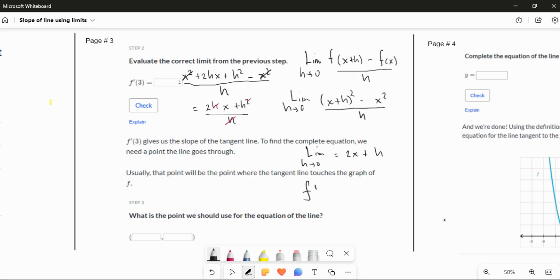If I apply the limit here, f prime of positive 3 will be equal to the evaluation of this limit, 2 times positive 3, and that'll be equal to 6.